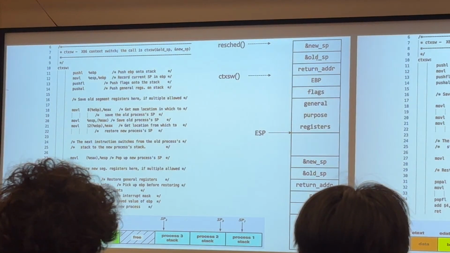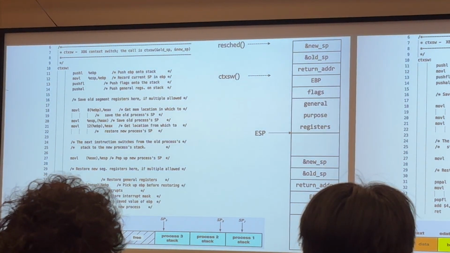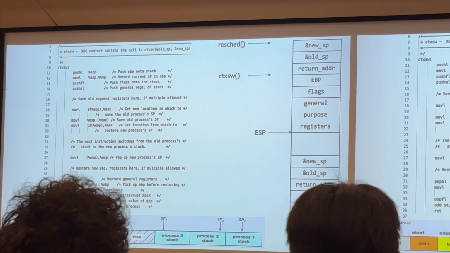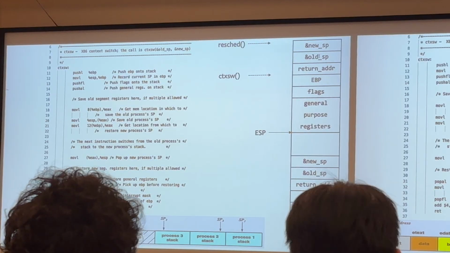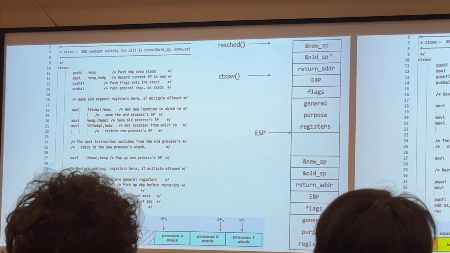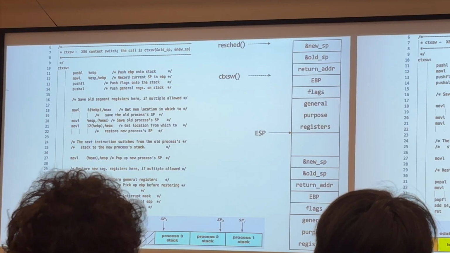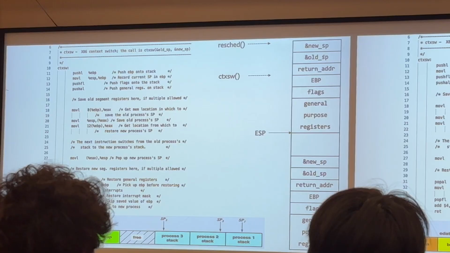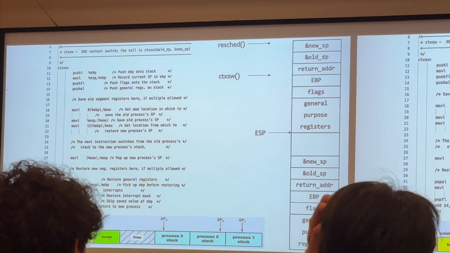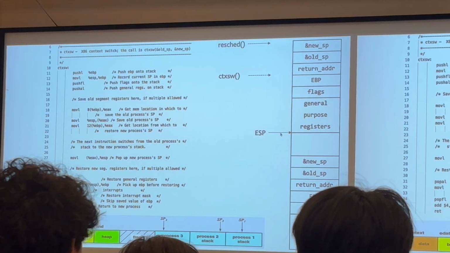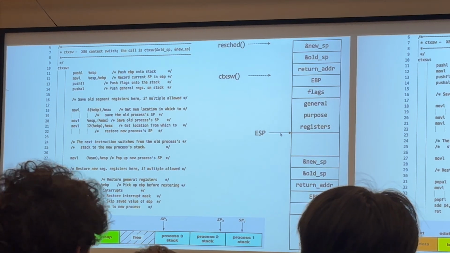Remember, this memory location is a data member in the process entry of the old process. So we store this ESP's value in the old process's process entry, the stack pointer data member. Does it make sense? So this is the first step.